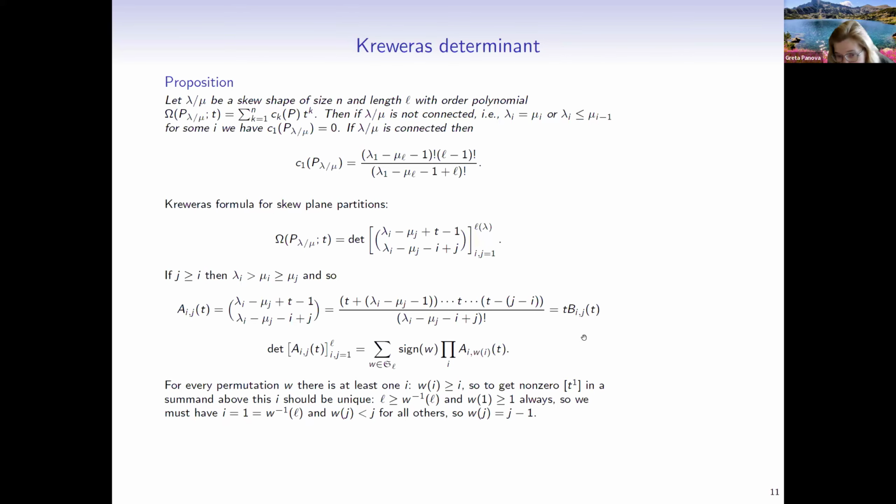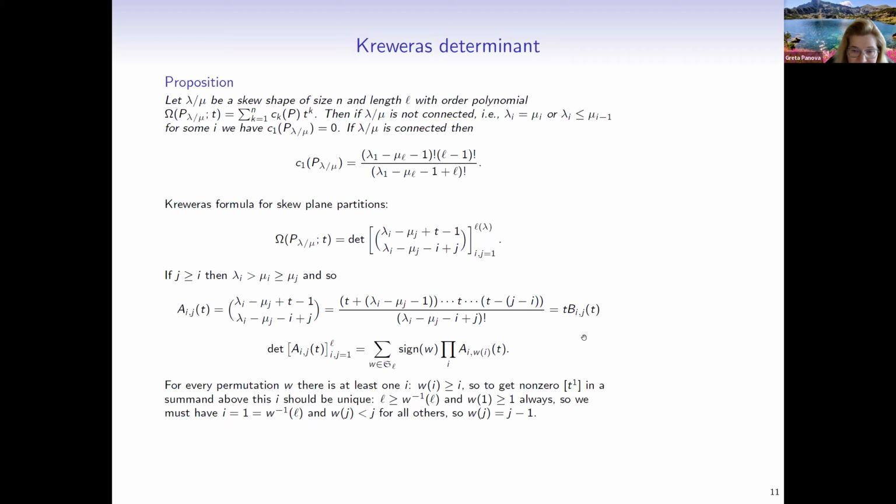Now we observe that this i and j, so j is actually w_i, it comes from a permutation, and so you can't have all w_i less than i. So at least one of these w_i is greater than or equal to i.